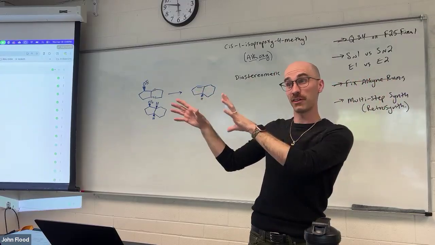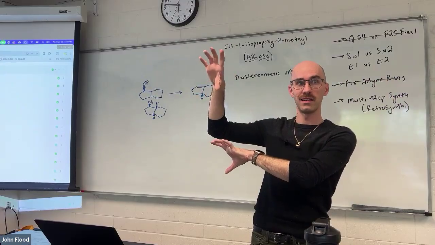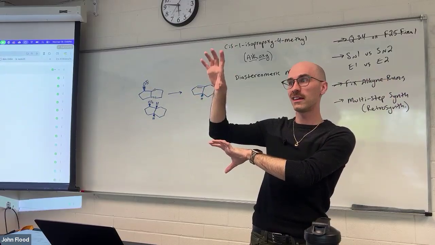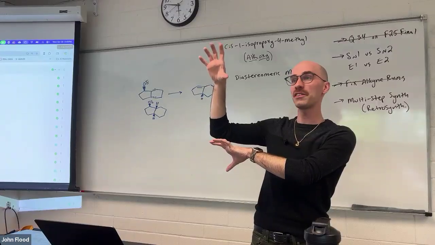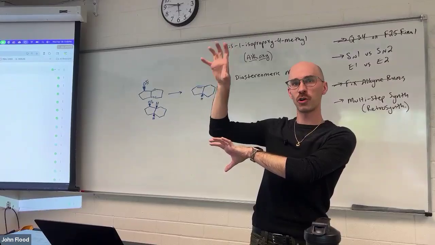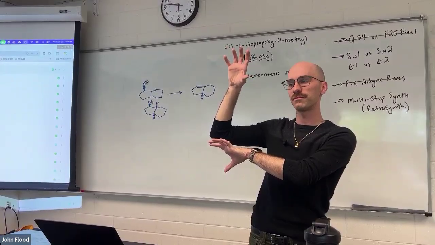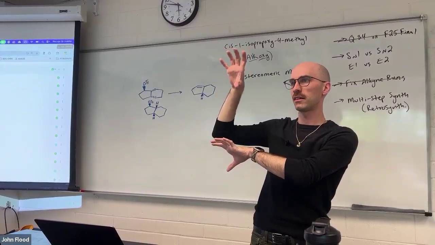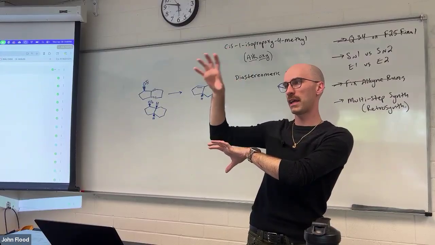But within Zaitsev alkenes, we have strong bases and weak bases. And strong bases that want to be Zaitsev can't always form the most substituted alkene. And that's because strong bases are stereochemically locked. They have to do elimination with an anti-beta hydrogen.